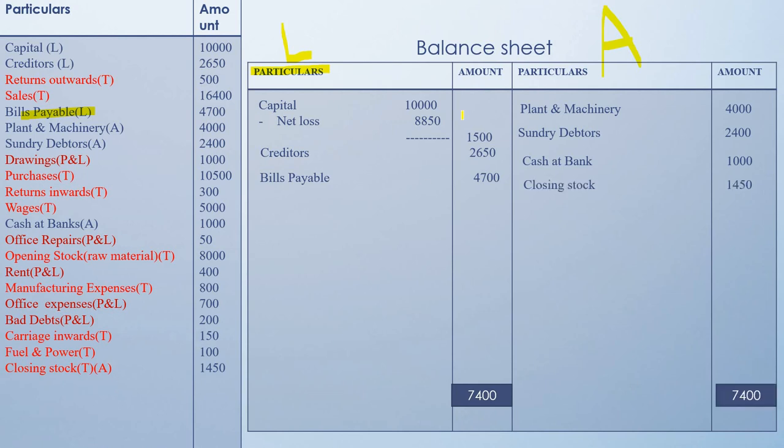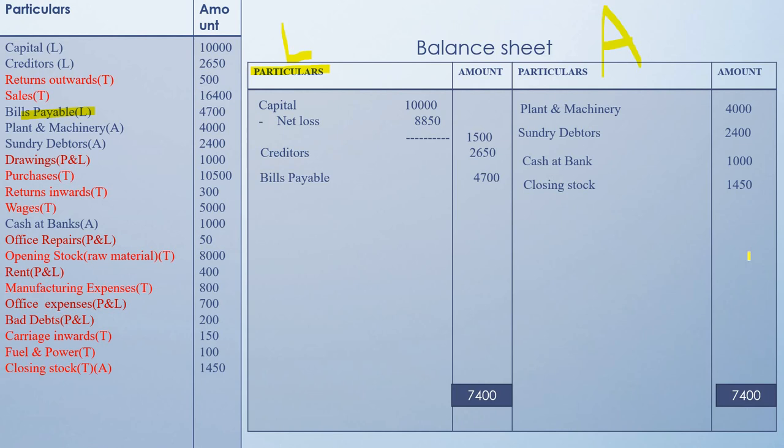If you total all the debit and credit items, the liabilities and asset amounts will be equal. If they are not equal, some error has happened in the process, either in ledger posting, journal posting, trading or trial balance posting. Like this we post all the trial balance items into a balance sheet.